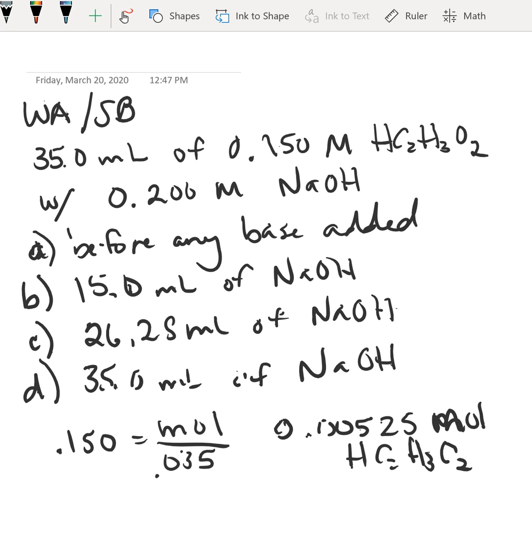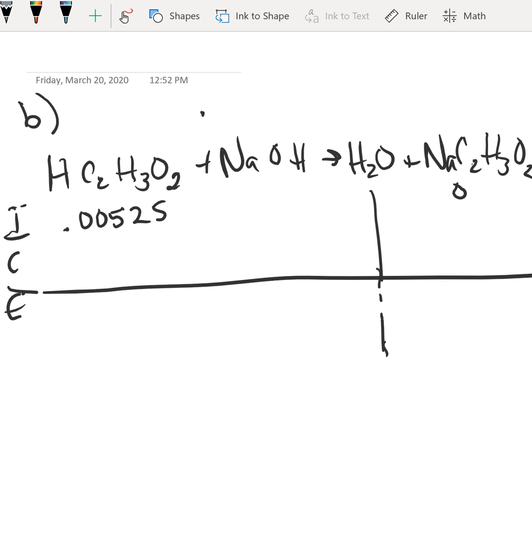So for my NaOH, I'm using 0.2 molar, and I'm going to add 15 milliliters. So 0.2 is moles over 0.015 liters, so 0.003 moles. All right, so between those, this is the smallest.